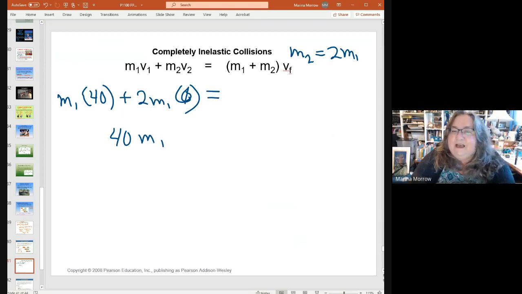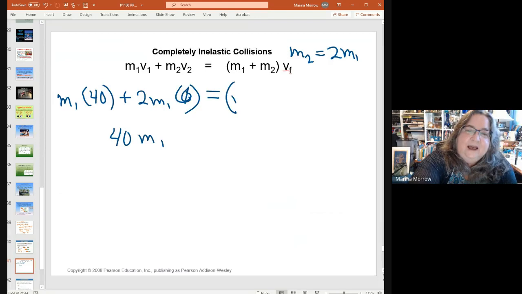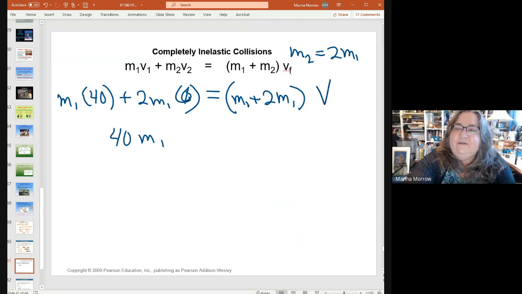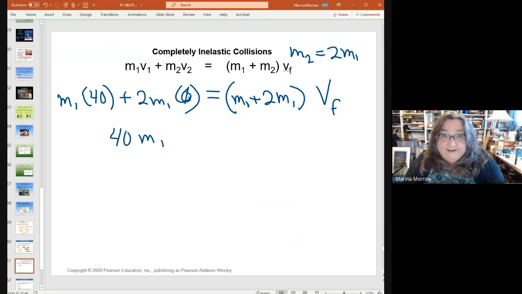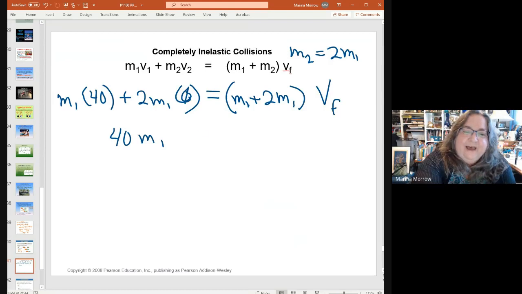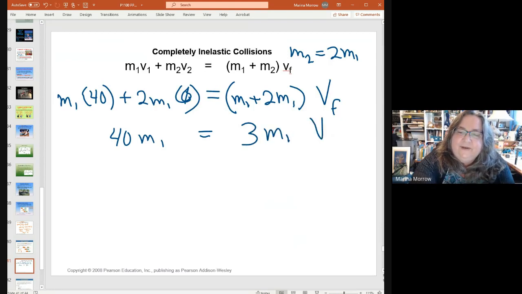On the other side, mass 1 plus mass 2 is twice as much mass, and then there's some final velocity that I don't know. I'll leave that as my unknown. So I've got 40 mass 1 is equal to m plus 2m, which is 3 mass 1, times V final. You see what's going to happen now: I'm going to divide both sides by 3m.